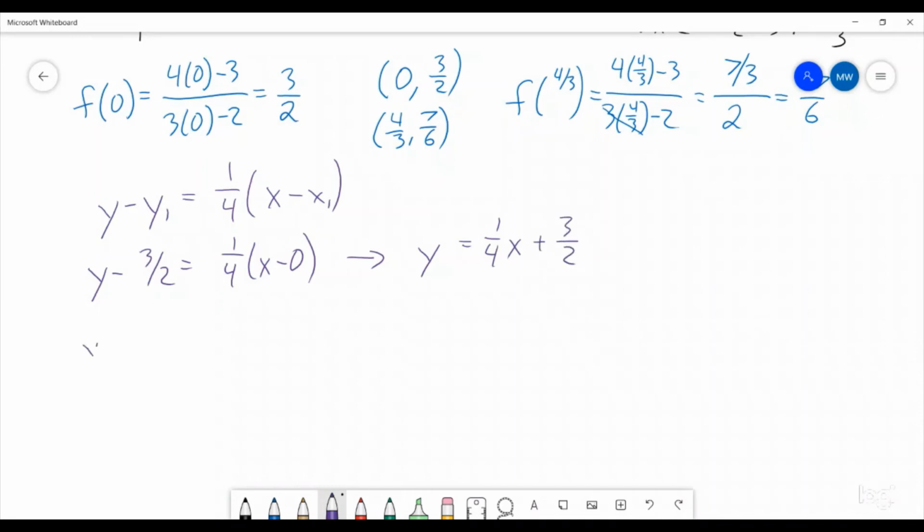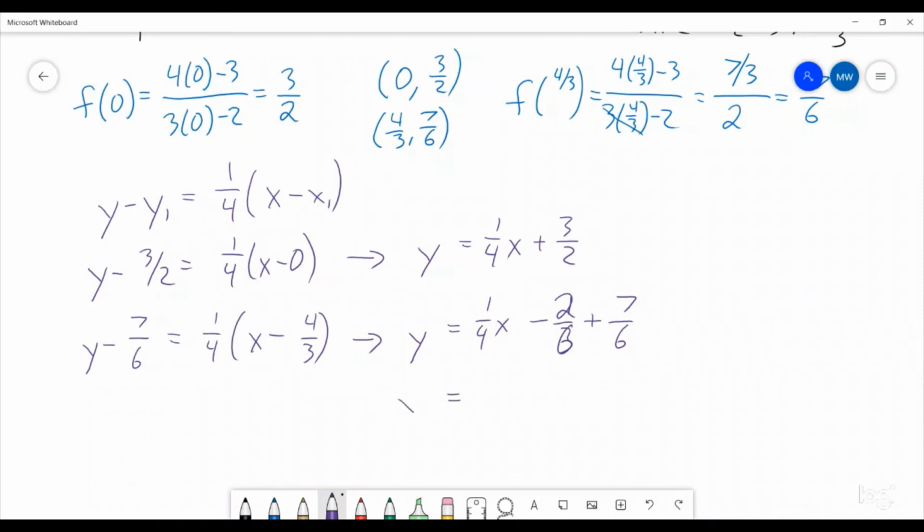The other one is y minus 7/6 equals 1/4 times x minus 4/3, which is y equals 1/4 x, 1/4 times minus 4/3 is minus 1/3, and then plus 7/6. 7/6 minus 1/3 is 5/6, so y equals 1/4 x plus 5/6.